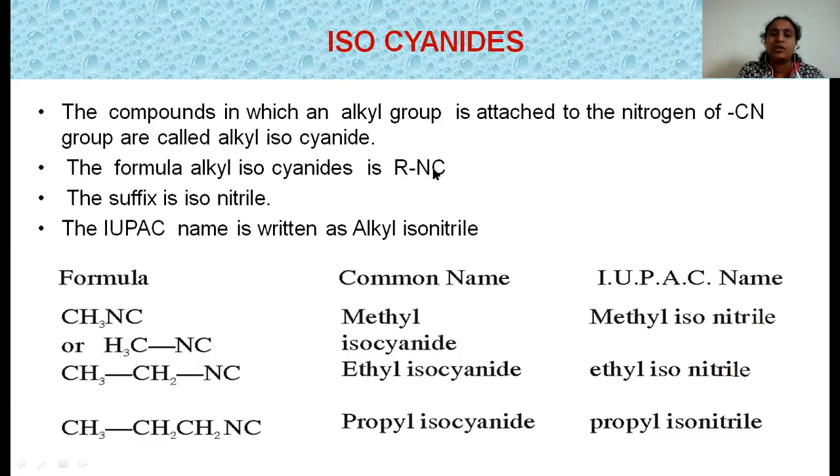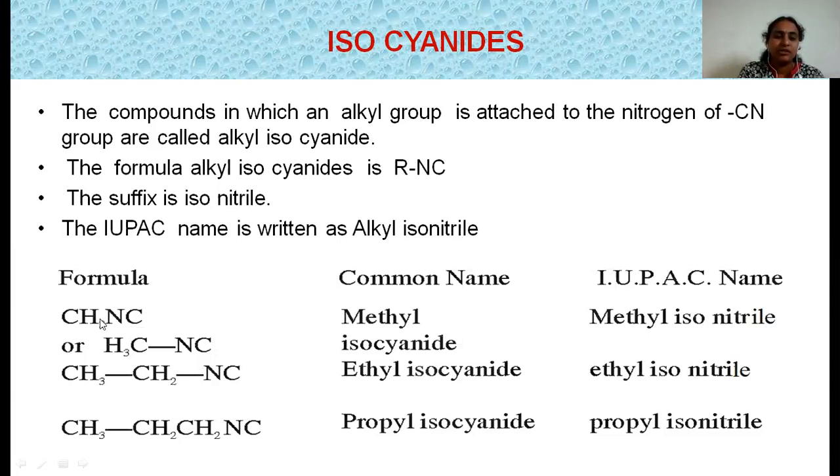Then these compounds are called isocyanides. For isocyanide IUPAC nomenclature, we have to add the suffix isonitrile, whereas for cyanides we add the suffix nitrile. So the IUPAC name is written as alkyl isonitrile.